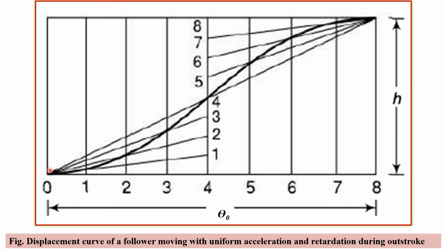Then the line which is obtained by joining the left corner with the point number 3 is also having its intersection with this third ordinate at this location, and likewise with the central ordinate at this particular location. So we join all these intercepted points by means of a smooth curve. So this is nothing but the displacement imparted to the follower during its first half of the outstroke. Then the similar procedure is adopted for the remaining half of the outstroke.